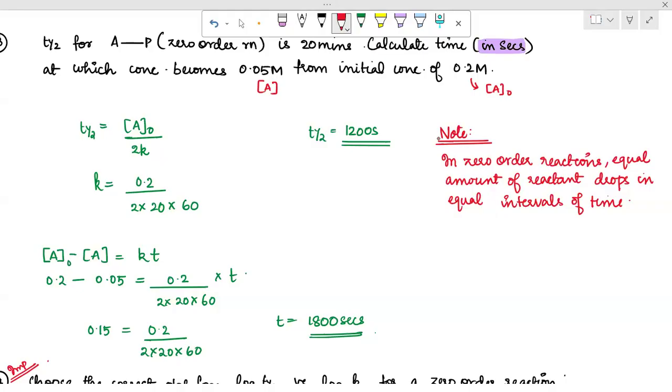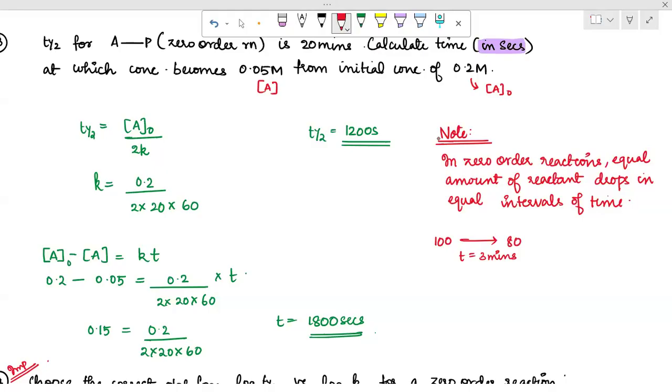Now, as an example, let's say that I started with 100 units of concentration of the reactant. At t equal to, let's say, 3 minutes, whatever it is, whether it is t half or t, there is some time interval of 3 minutes, after which 100 becomes 80.